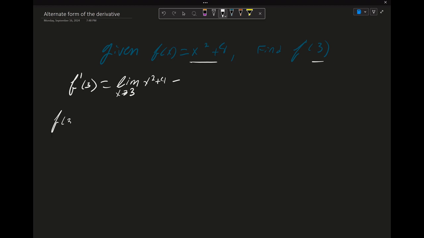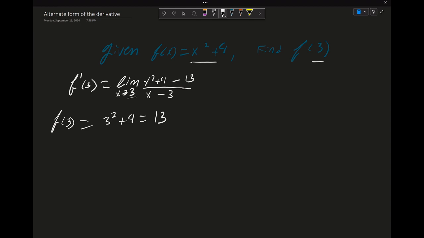So let's compute f of 3. f of 3 would be 3 squared plus 4, which equals 13. So we plug that 13 in the top, and on the bottom we use x minus whatever value c we're approaching, which is 3.